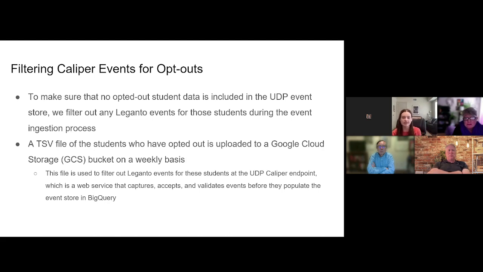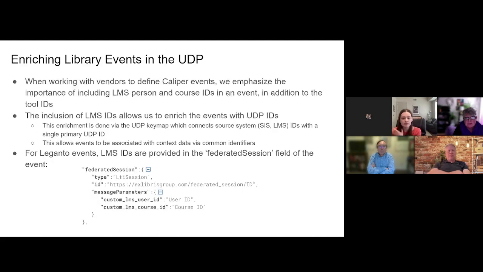So because of this process, we basically make sure that any events associated with the opted out students are removed before they populate the event store, and there is no chance of any users of the UDP to see those events.